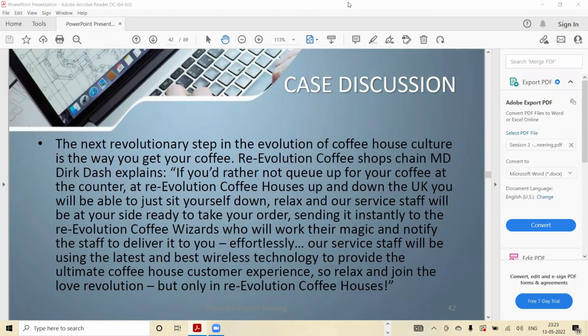Like here, the coffee shop MD is explaining, like he's saying that in their coffee chain, you can sit in your place when you drink or wherever you drink coffee, our staff will take care of you, like take care of your order, taking orders and serving the coffee after getting the order. He is explaining that, but only in Re-Evolution coffee houses, he mentioned.